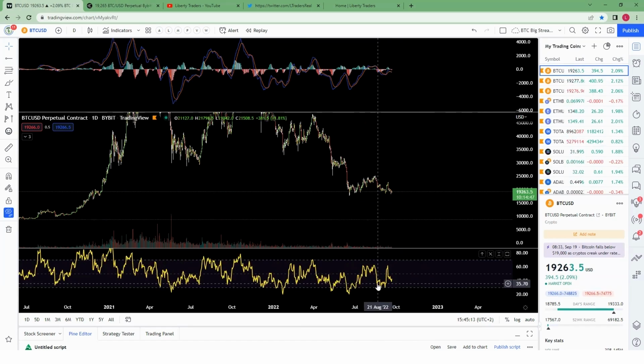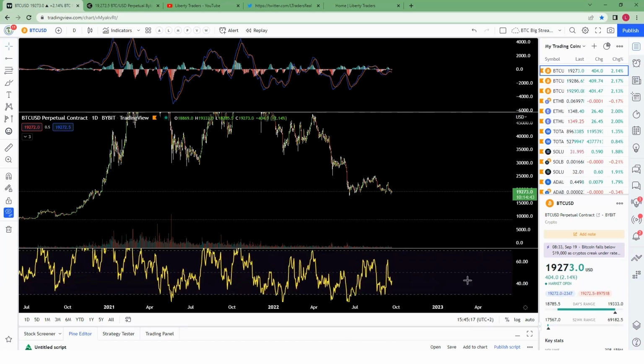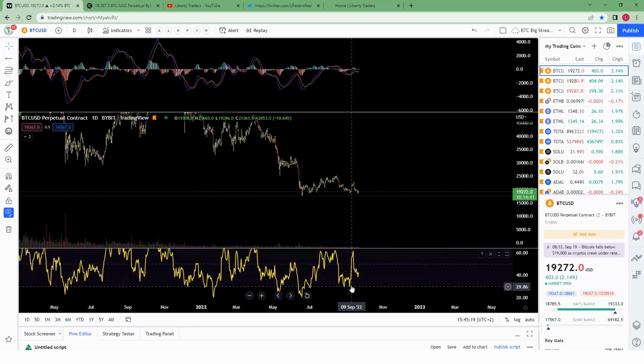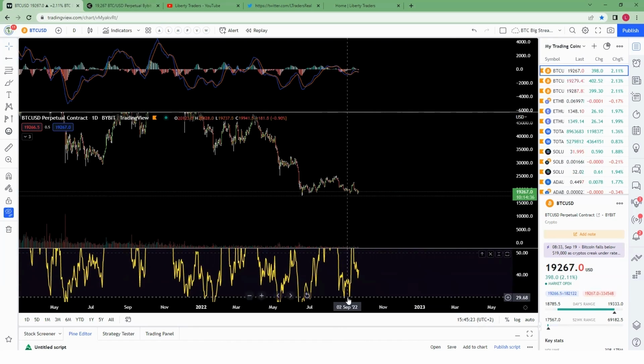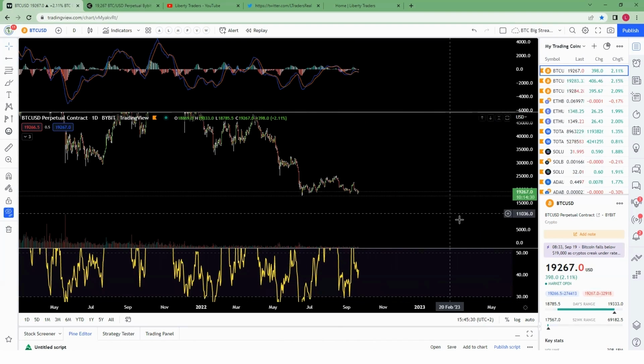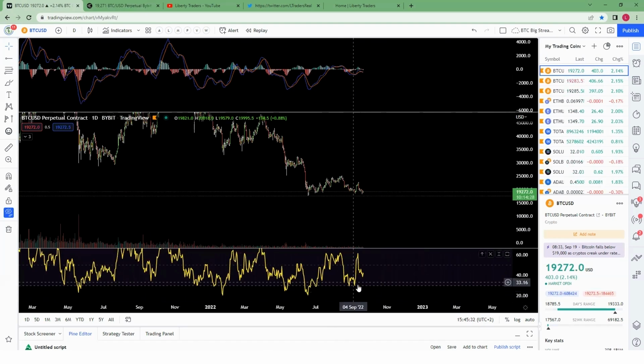We can see that we did make a bit of a bullish divergence on the RSI over there, with a higher low on RSI but a lower low on price, and we got that little pump going up there. That was very interesting.